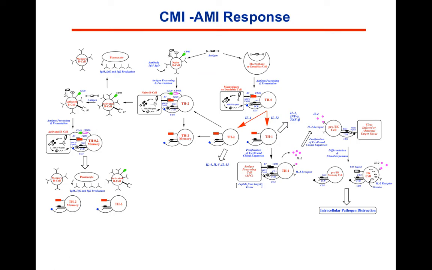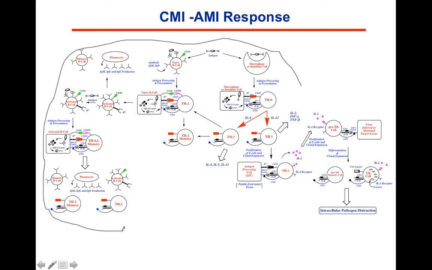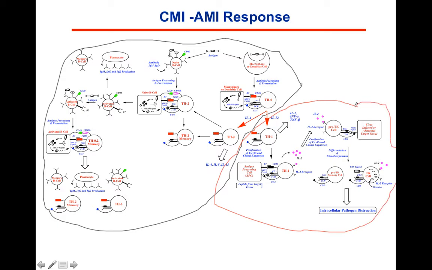So if we put this all together, I know it looks pretty frightening, but you've seen basically this before. This part here is all the part that's involved in antibody production. And remember, here's the Th1 cells, and this part here is involved in the CMI, or cell-mediated immunity for intracellular pathogens.